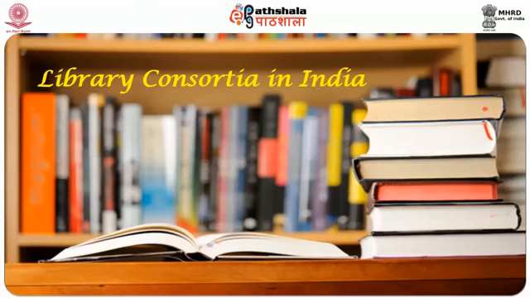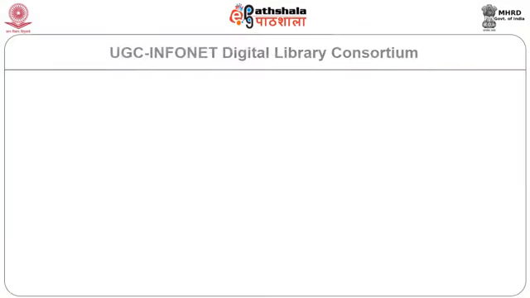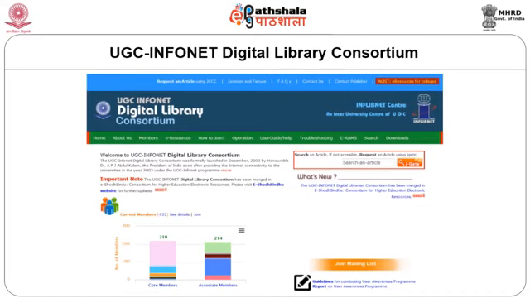Now let's take a view of various initiatives towards library consortia in India. The UGC-INFONET Digital Library Consortium. The UGC-INFONET Digital Library Consortium was launched by Shri APJ Abdul Kalam, the then President of India, in December 2003.